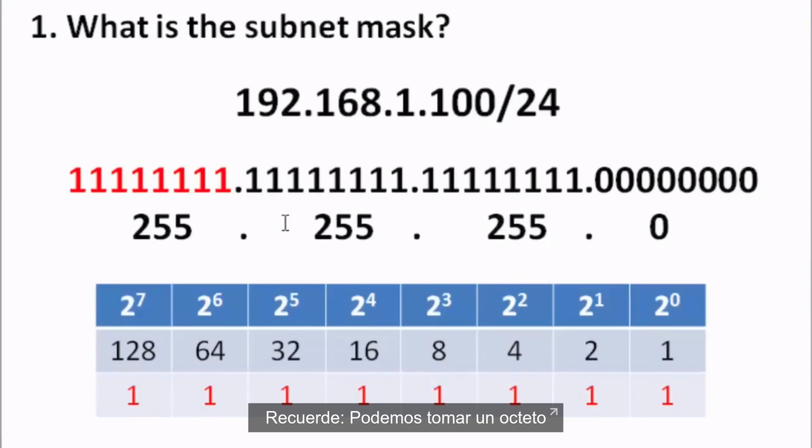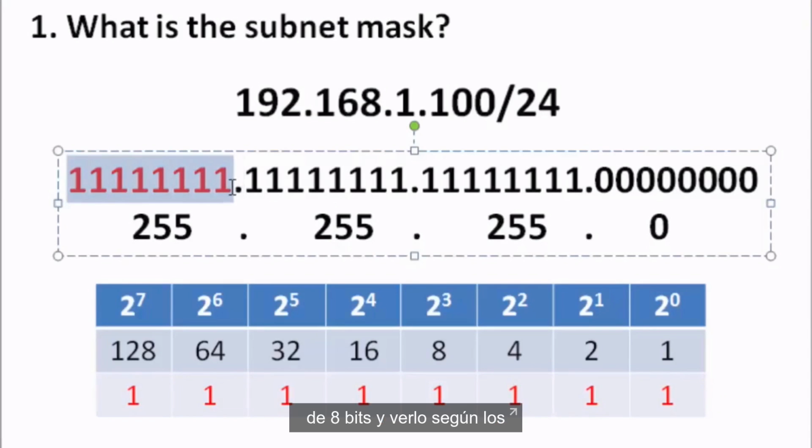Recall that we can take an octet of 8 bits and look at it according to the binary place values. The place values start from 2 to the 0 in the ones place, all the way up to 2 to the 7th power, which is the 128 place.